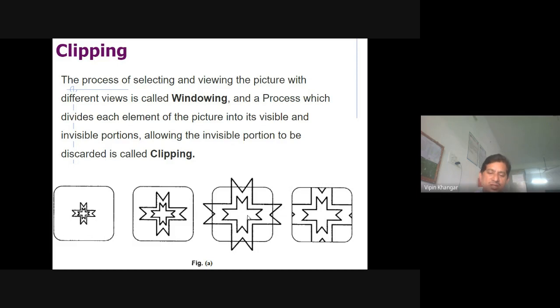Third image, it has been scaled further. The various edges came outside on all four sides. Now, when you apply the clipping, the part outside this window will get clipped away, and this is the window where we can see the image. So this is called clipping, which is being shown in this diagram.